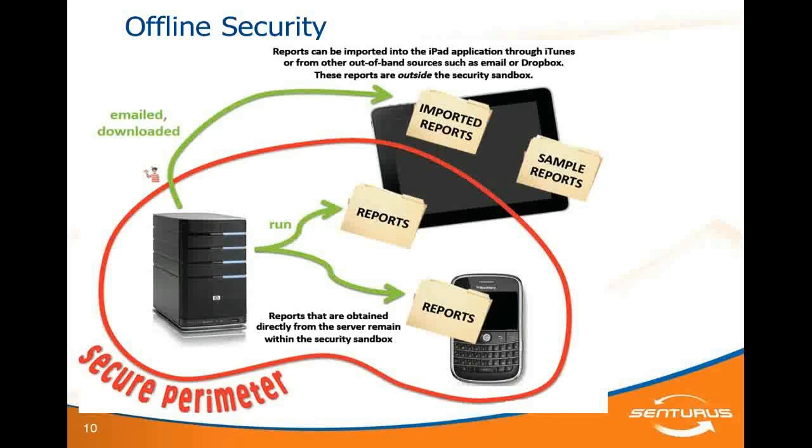At that point, the security is driven completely by the device. So anything that you may have set up on the device for getting into it, such as a PIN, or the security is dictated by whatever is embedded into the active report itself in the MHT file. And we'll discuss that a little more. But I just wanted to give you a sense of what offline security looks like.